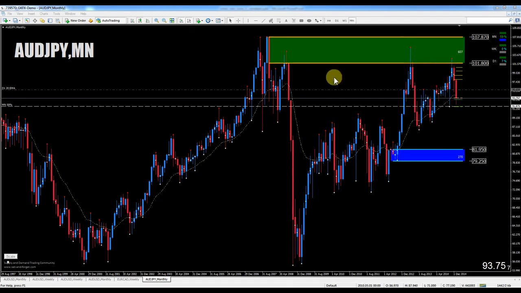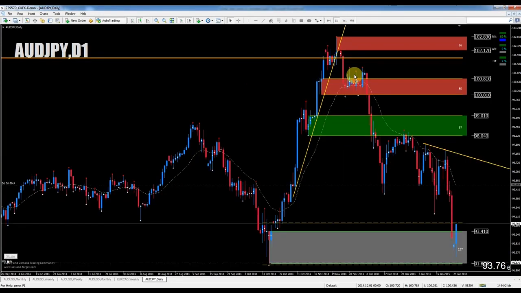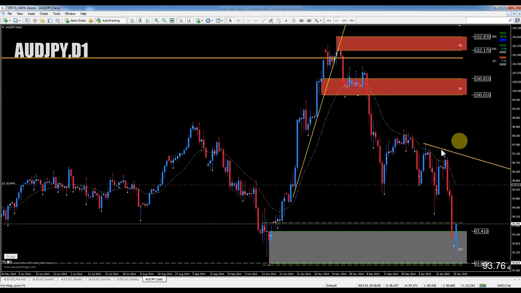But we are talking about how to locate zones and when a zone is tradable and not tradable. So this area over here, all these areas, were tradable because we didn't have the weekly area of demand in control. Now the weekly area of demand is in control.